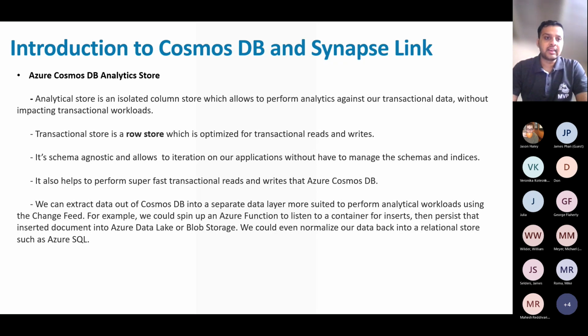Then with this analytical store, it also helps us perform super fast transactional reads and writes on top of Cosmos DB. As we discussed at the beginning, the Cosmos DB offering has two plans: we can provision the throughput or request units at the beginning itself, or we can enable auto scaling.